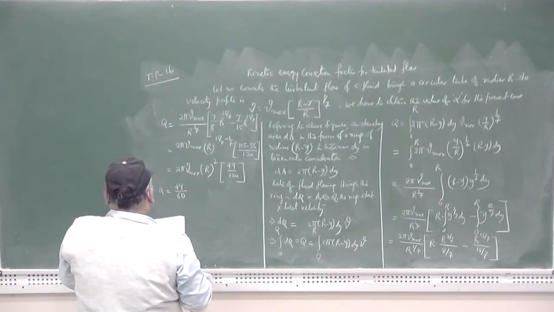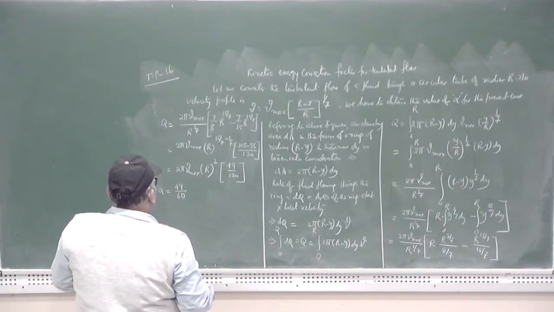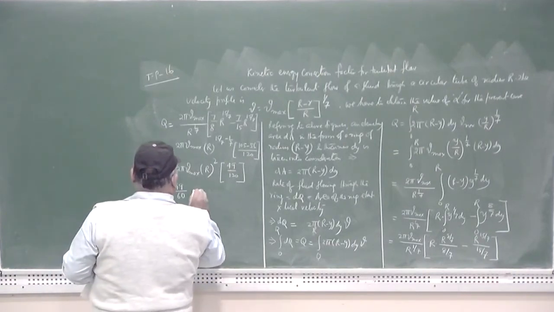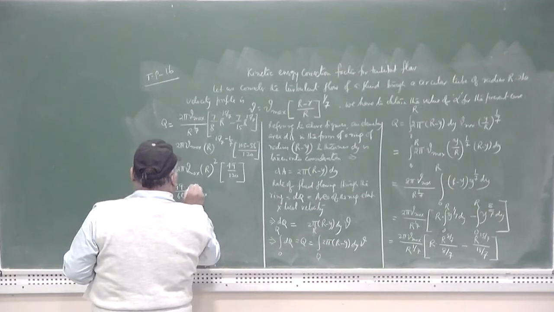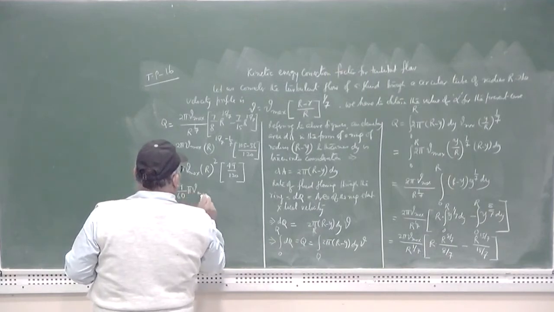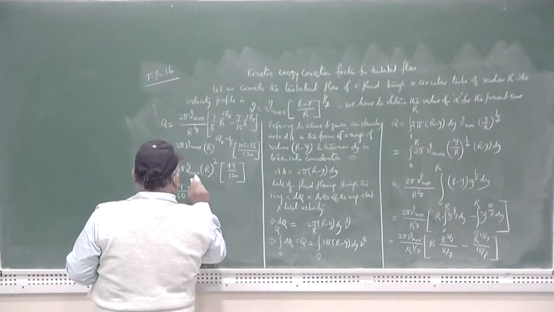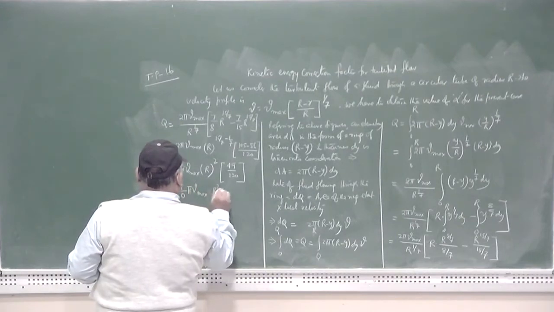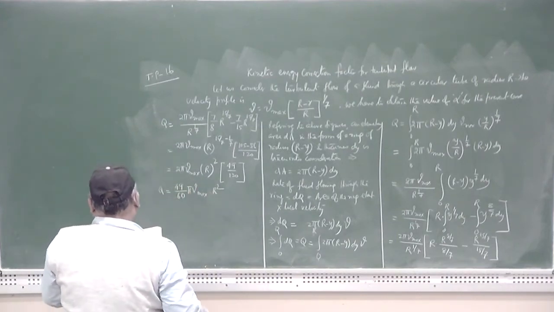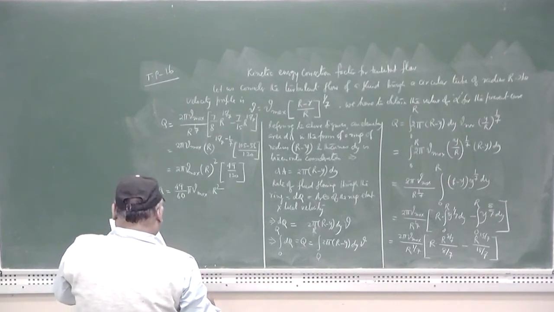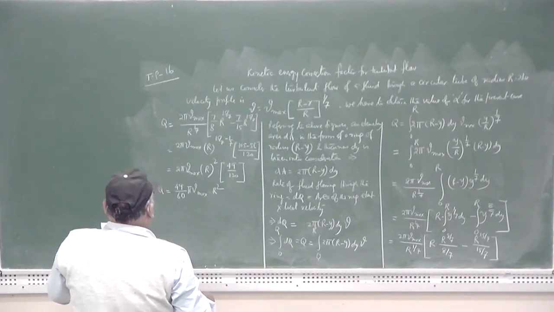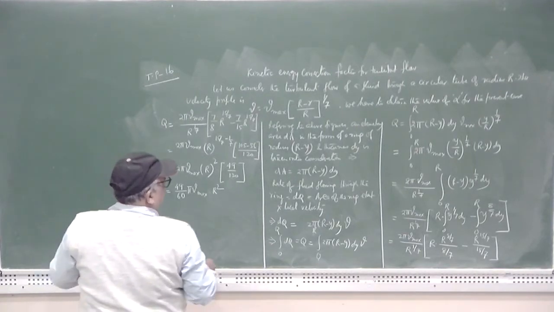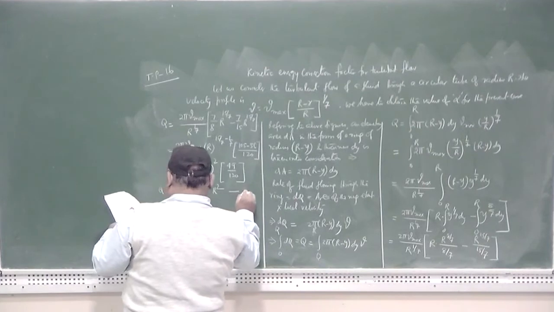Q is equal to 49 by 60 pi V max R square. Let it be question number 1.